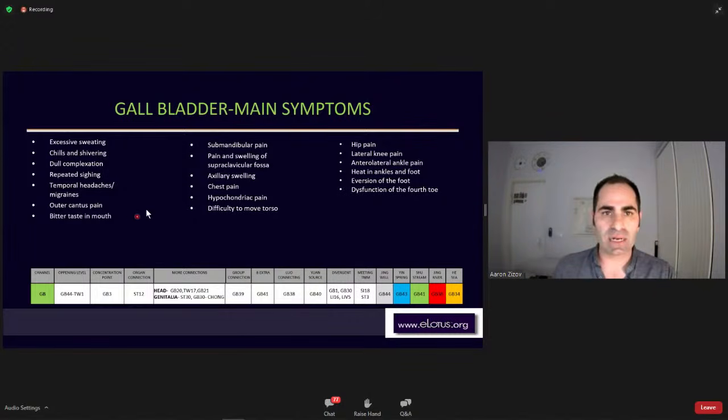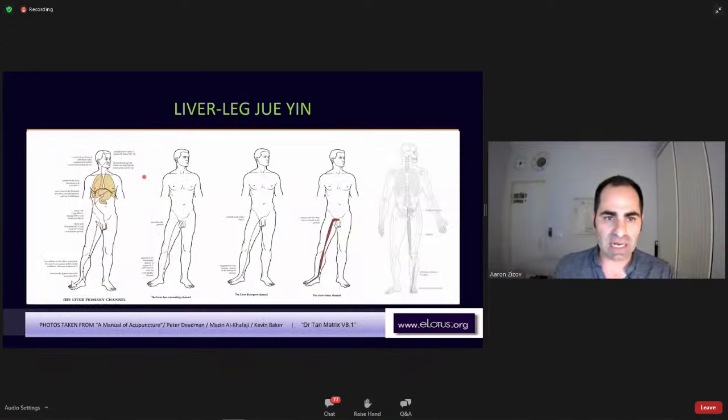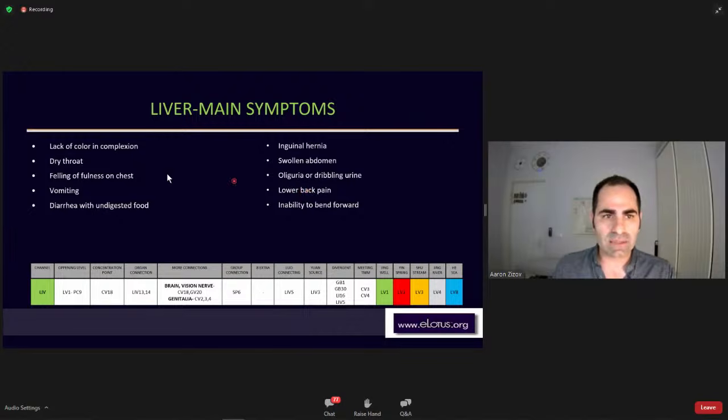Liver, the last one, the channel goes through the genitalia, very important for reproductive issues. And as the Jueyin, it is basically responsible for blood, the movement of blood, circulation of chi and blood, like the free flow of chi and blood, all the tension, stress, anger, frustration, very common in the Western world these days.